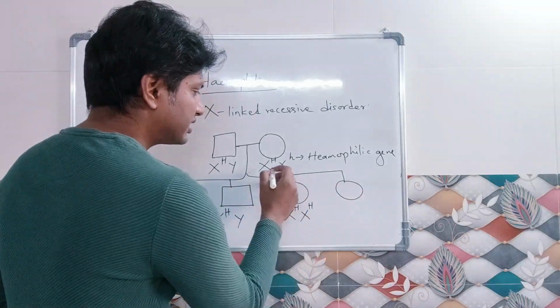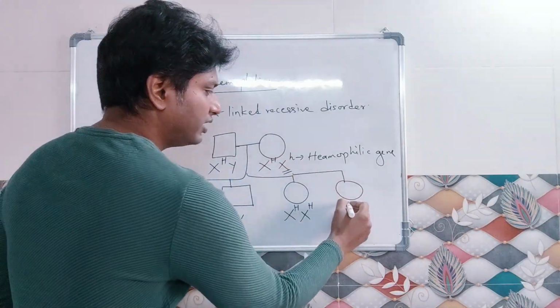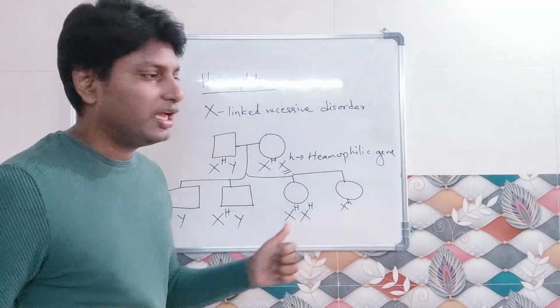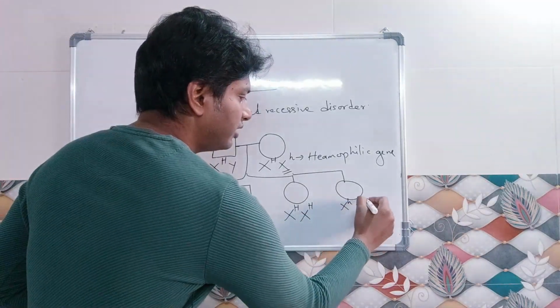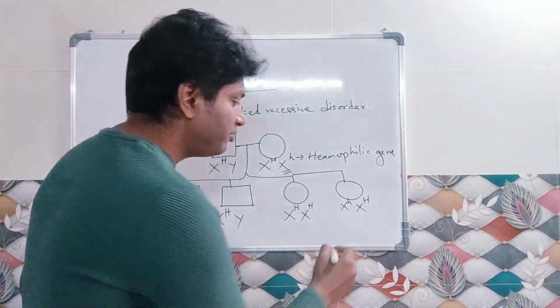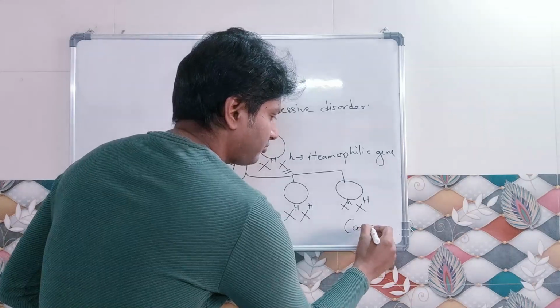Now let's assume the last condition. Suppose this particular daughter has got a hemophilic gene from the mother and a normal gene from the father. Now this girl child can be a carrier.